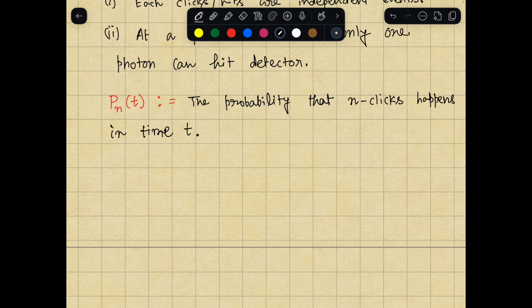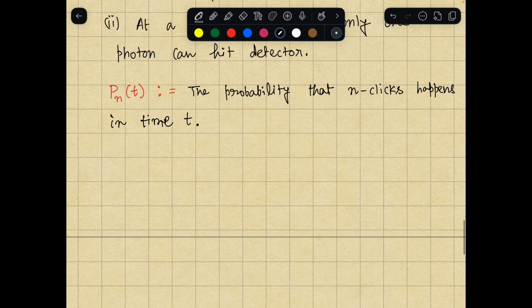So this is our target probability distribution which we want to derive. Here t is the time and n is the number of clicks.